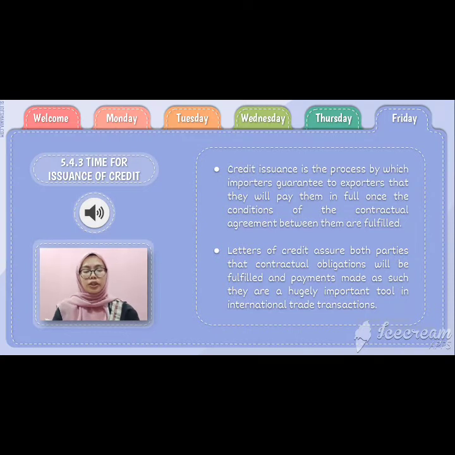Commonly, the actual issuance of credit is made to and from third-party banks and trade financiers, assisting the two transacting parties using a financial instrument known as a letter of credit. A letter of credit assures both parties that contractual obligations will be fulfilled and payment made. As such, they are hugely important tools in international trade transactions.